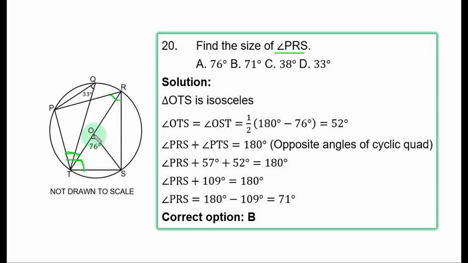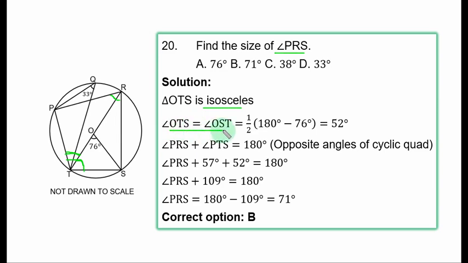In triangle OTS, we can get angle OTS because OT and OS are equal radii. That means triangle OTS is an isosceles triangle, so the base angles are equal.